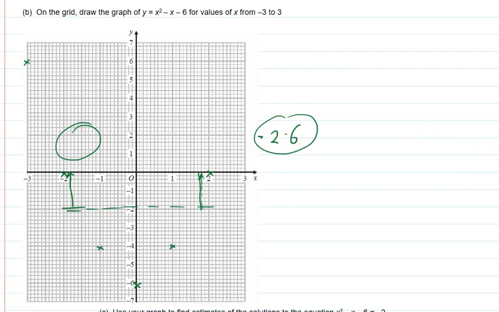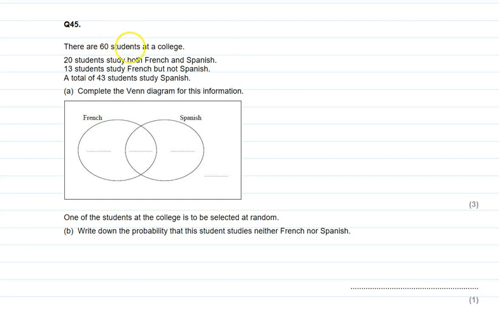Okay. So there are 60 students in a college. 20 students study French and Spanish. So these are 20 students. They are studying French and Spanish. 13 students study French. And a total of 43 students study Spanish.